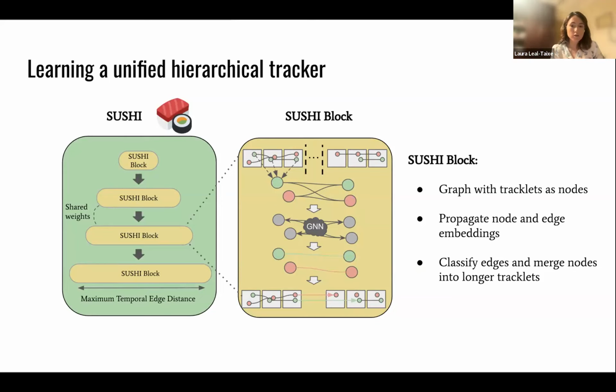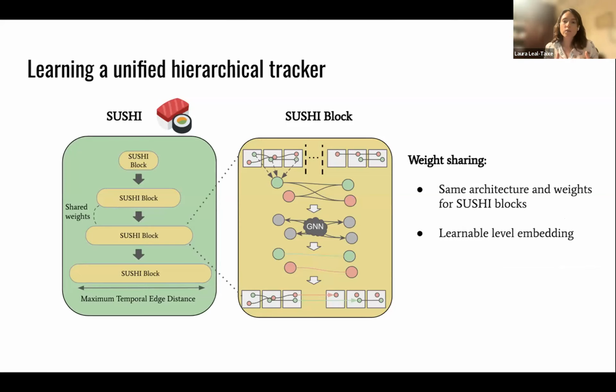Because your nodes no longer represent detections, but they represent tracklets, which are the solution coming from the previous Sushi block. And so now your node is going to represent a tracklet, but you're still going to have the exact same graph neural network that is going to solve the problem and connect these tracklets into even longer tracklets. And you do this for several levels until you obtain full trajectories.